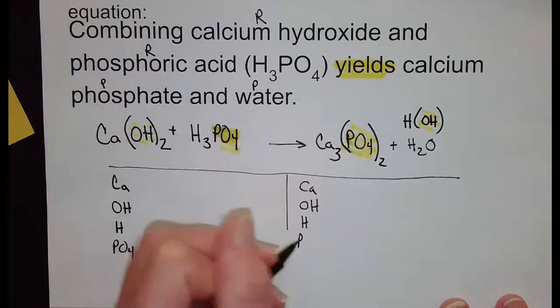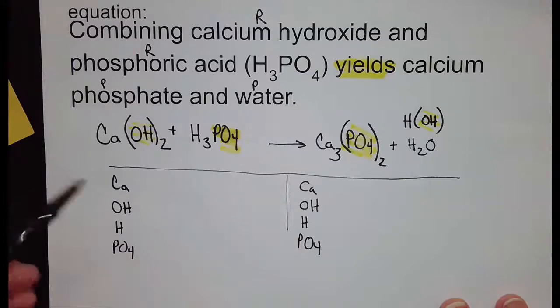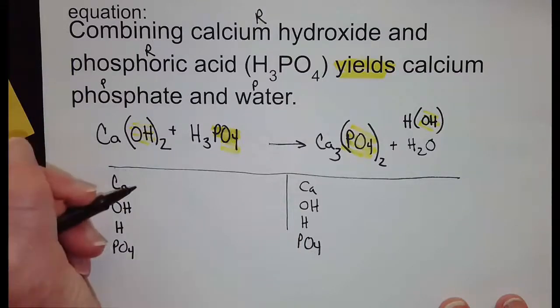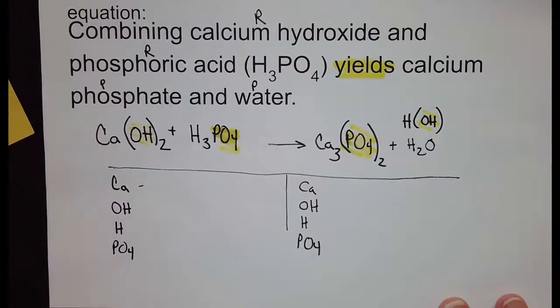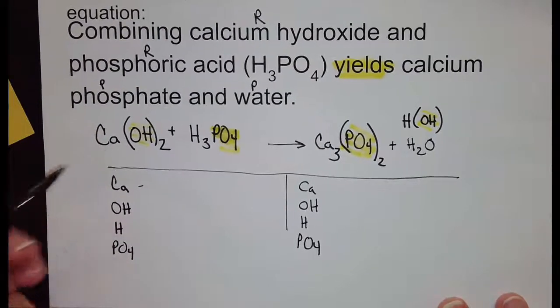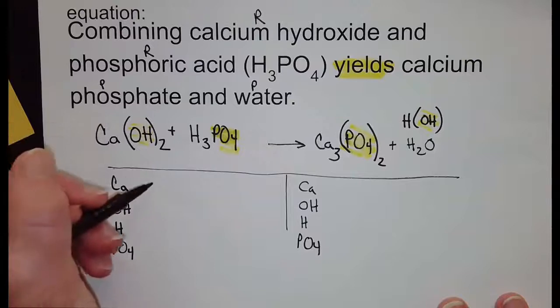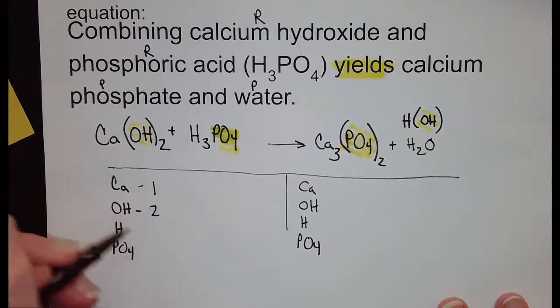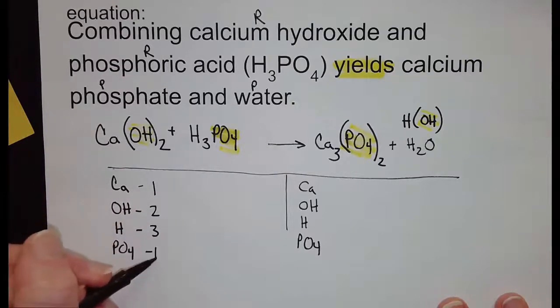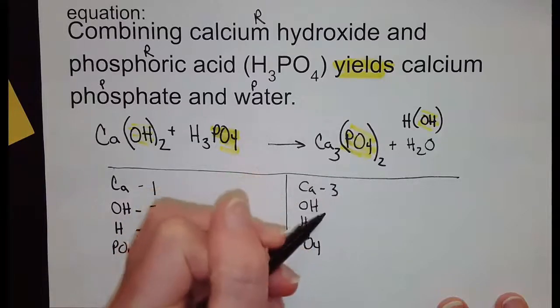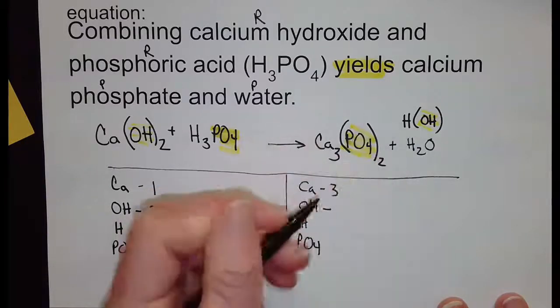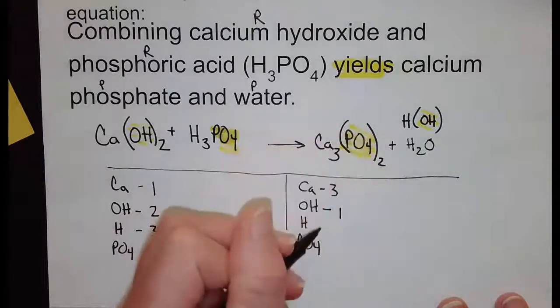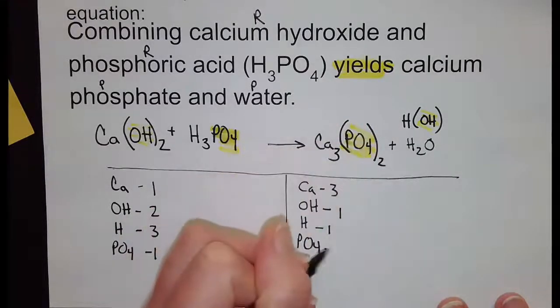So to balance, we can look at just the calcium, the hydroxide, the hydrogen, and the phosphate. I'll do the numbers and then I'll let you guys balance. On the reactant side, 1 calcium, 2 hydroxides, 3 hydrogens, and 1 phosphate. On the product side, 3 calcium, 1 hydroxide, 1 hydrogen, and 2 phosphates.